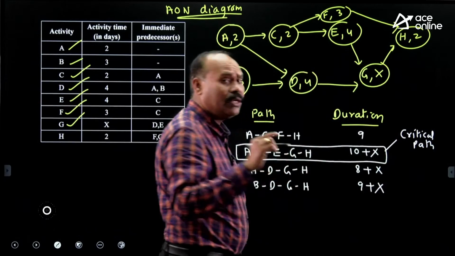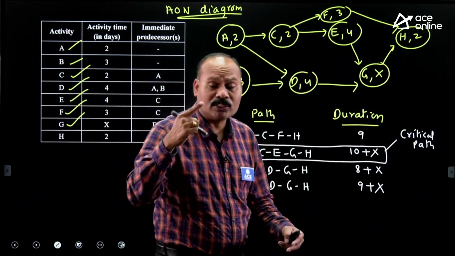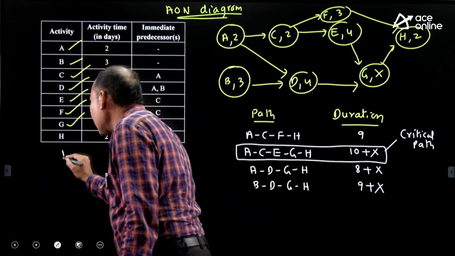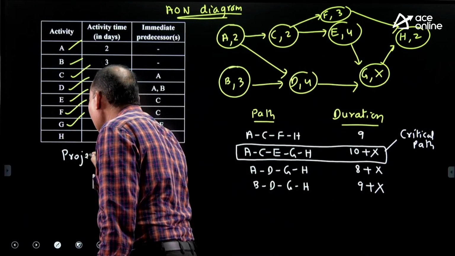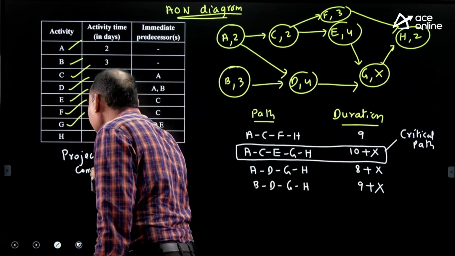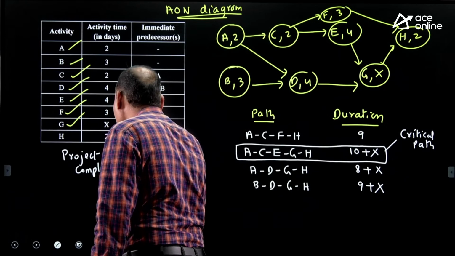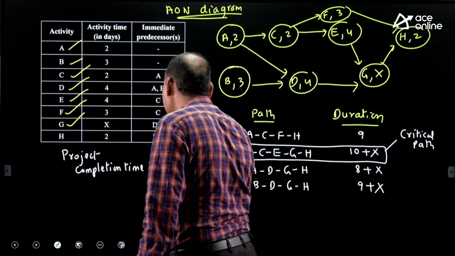As we know the equation, project completion time is equal to critical path duration. The same I am using. Project completion time is equal to critical path duration.